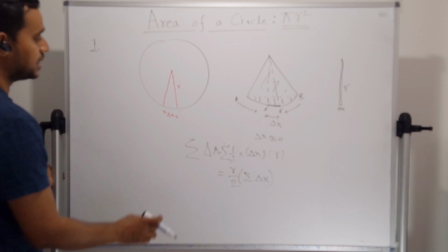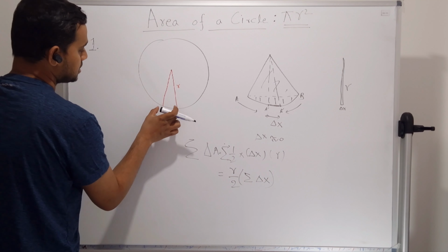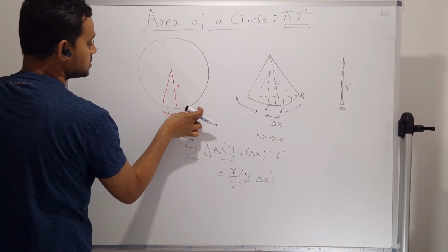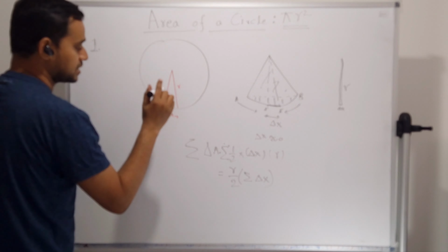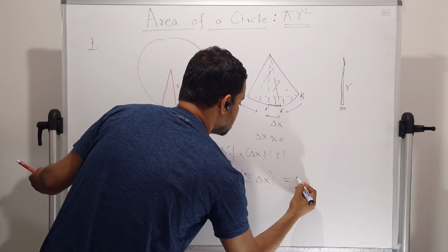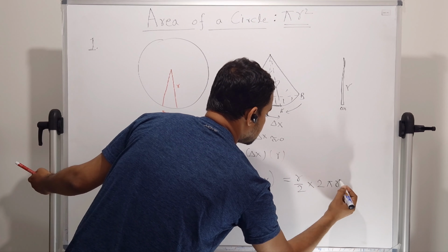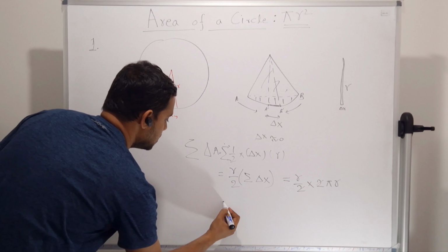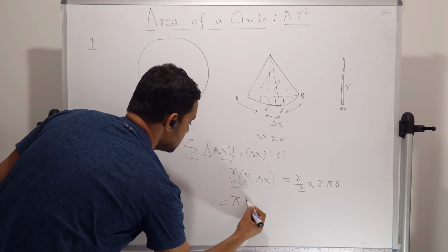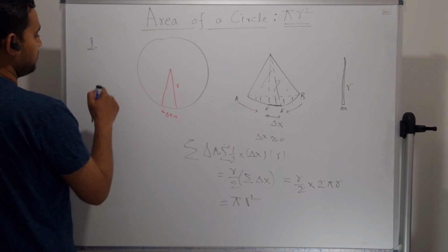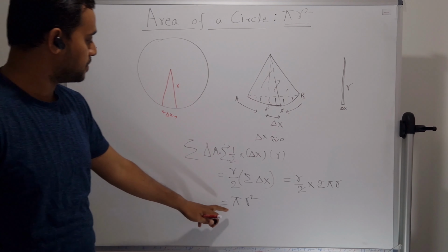Sigma delta x is the sum of all such lengths, delta x, delta x, delta x, which is the perimeter of the circle, correct? This becomes r by 2 into 2 pi r. 2 and 2 cancel out, and this comes out to be pi r square, right? So this is one way where we have proved that the area of a circle is pi r square.